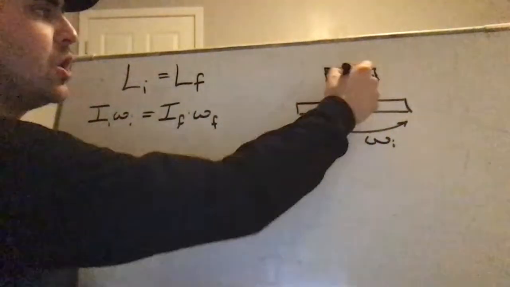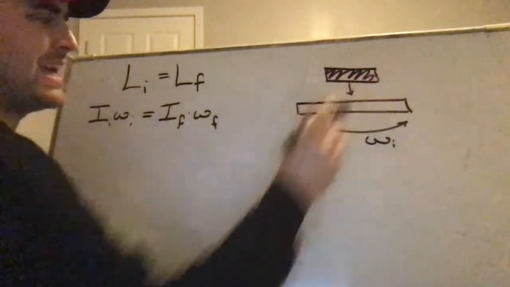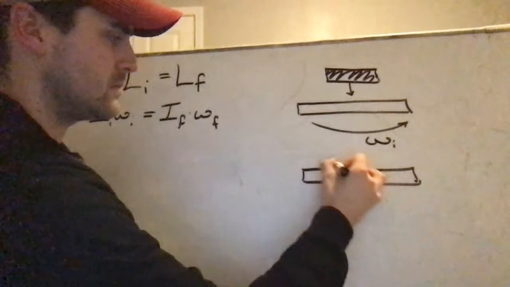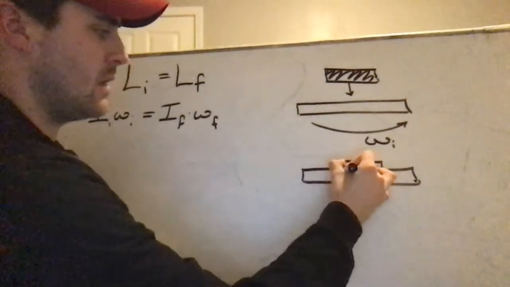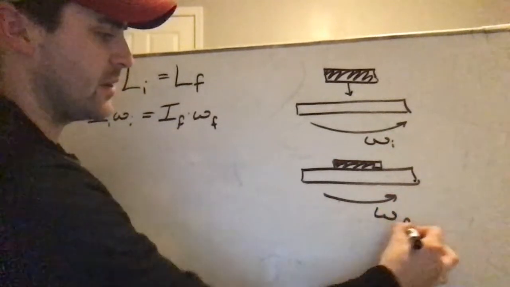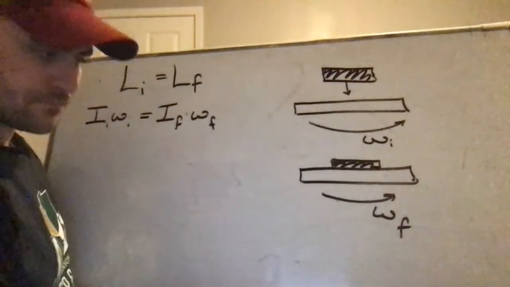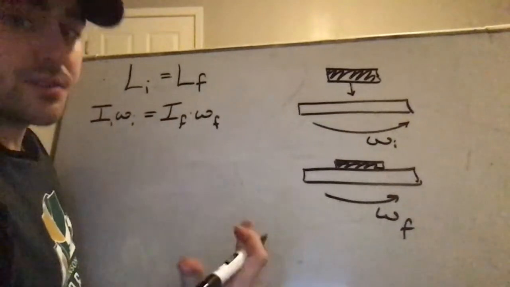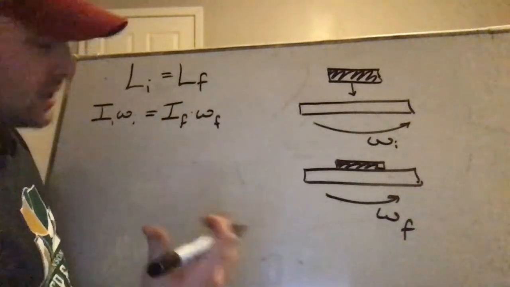After a while, we dropped the dark disc onto the wooden disc. And then they were both spinning with what I'm going to call final angular speed. And we were asked to calculate and prove that momentum was conserved in this kind of circular collision.